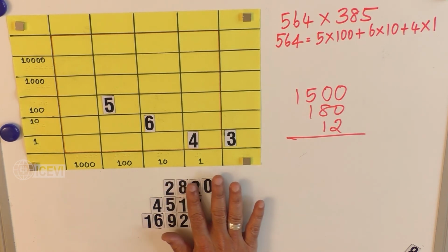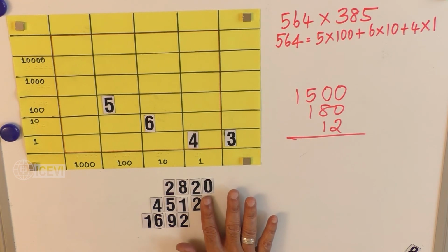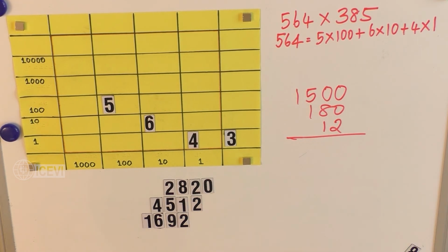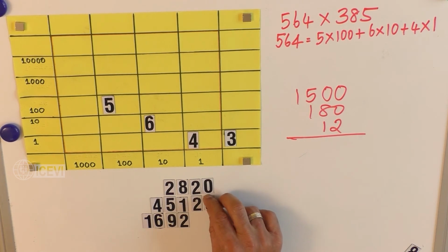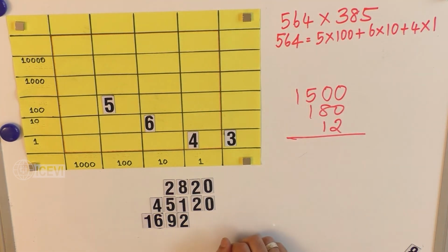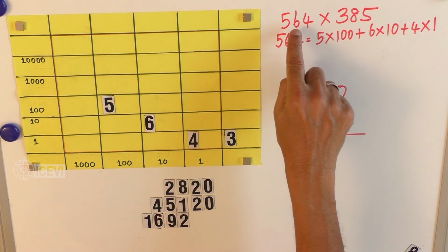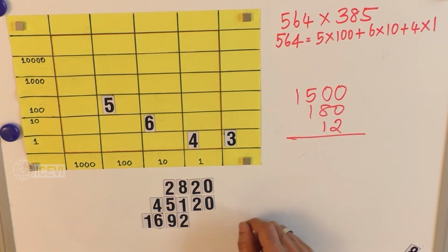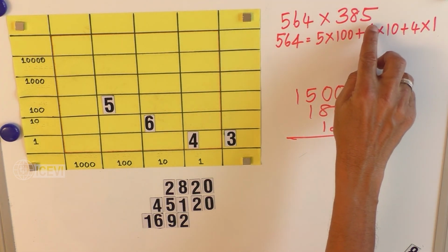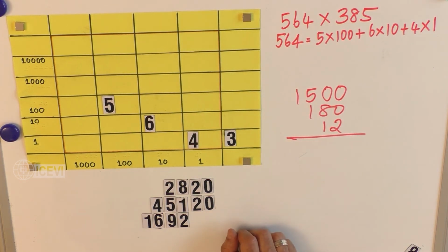So 2820, then one column on the right is skipped, so that means that is 0. So the value of the multiplication of 8 with 564 is nothing but 45,120. Now the multiplication of 3 with 564 means it is 300 multiplied by 564.